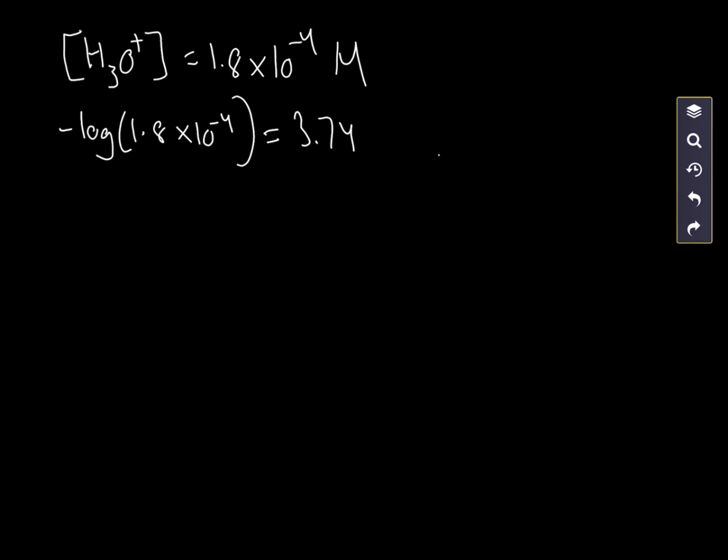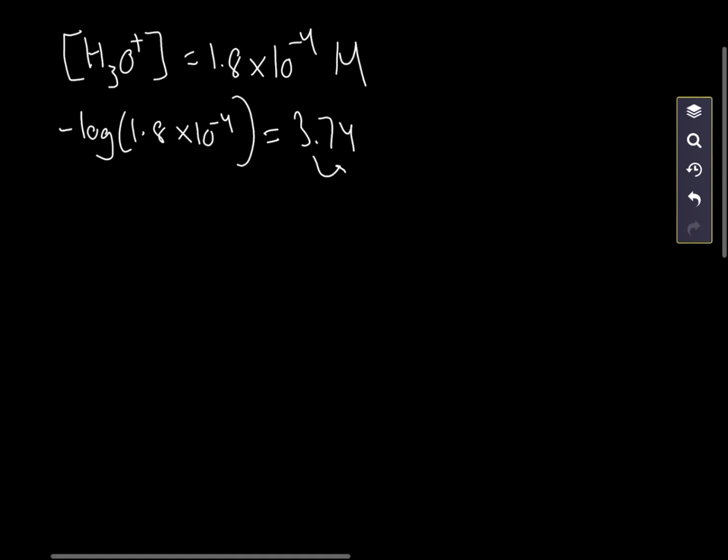And for your answer, sig digs for pH are actually pretty weird. You see how our initial concentration is 1.8? It has 2 sig digs. We're going to round to 2 sig digs after the decimal. The digits in front of the decimal don't really count as sig digs for pH.